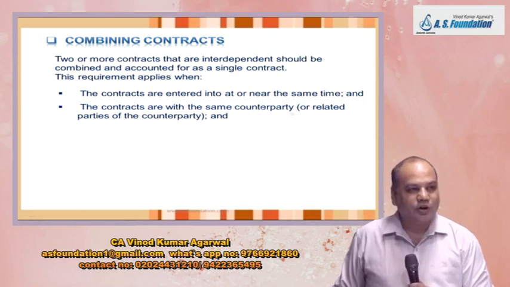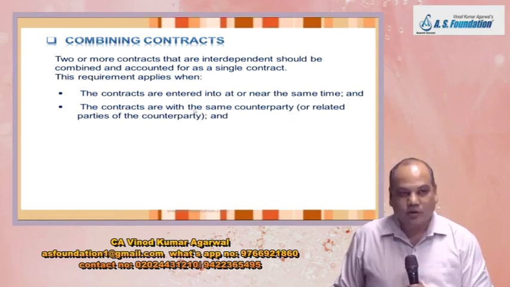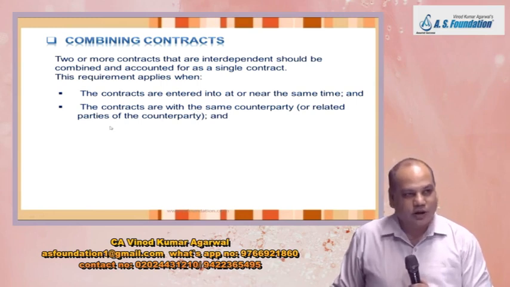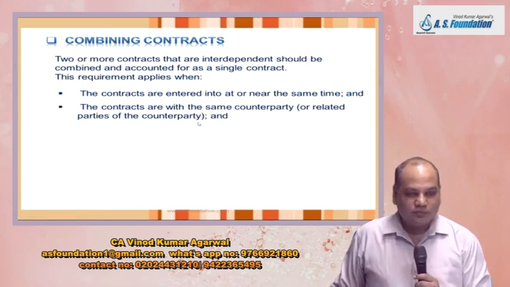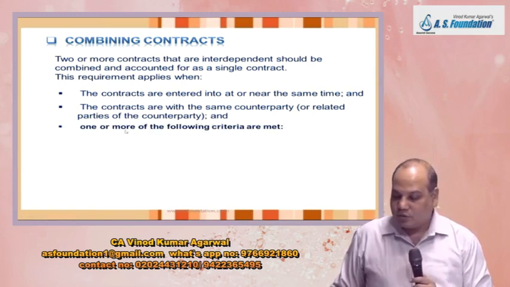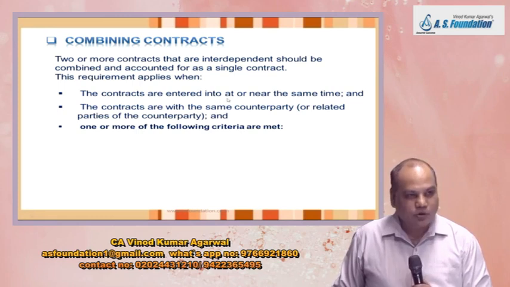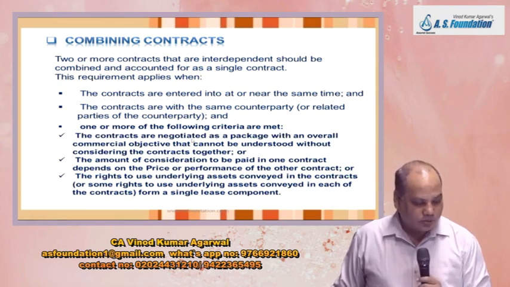Instead of you entering into the contract, you will route the transaction through some related party. So the standard says contracts are entered into with the same counterparty or a related party of the counterparty, and one or more of the following criteria are met. These 2 are compulsory, you have to fulfill. Same or near same time with the same party, and one or more of the following criteria are to be met.